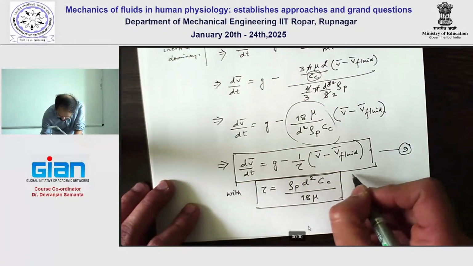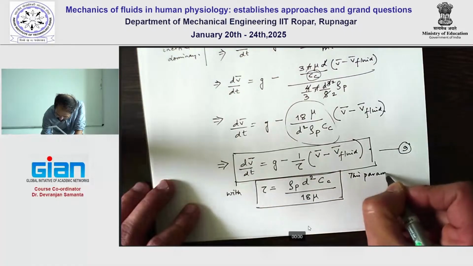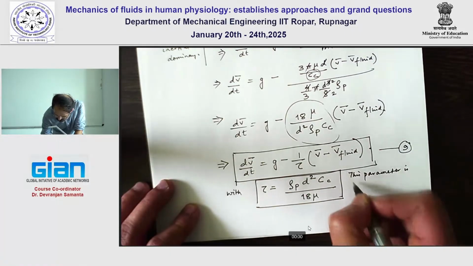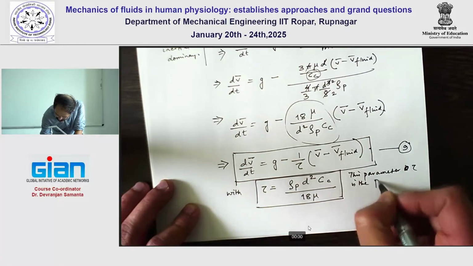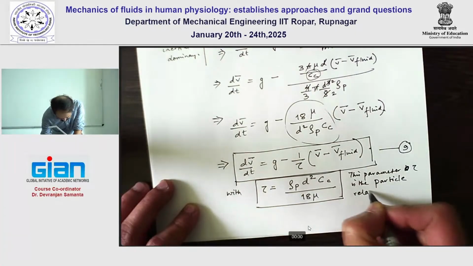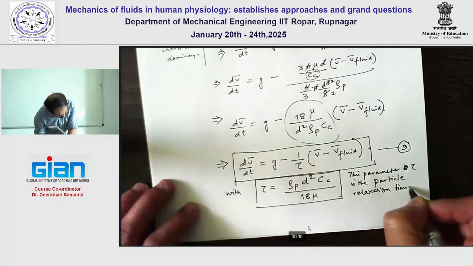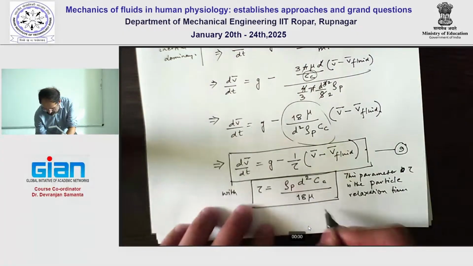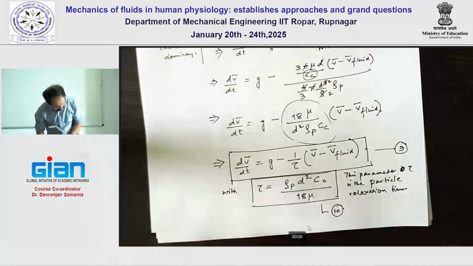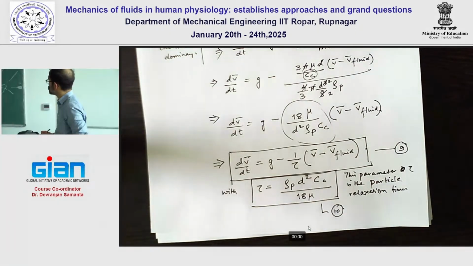So this parameter tau is the particle relaxation time. And let's call this equation 10. And this tau would be useful, as I said, when we normalize these equations.